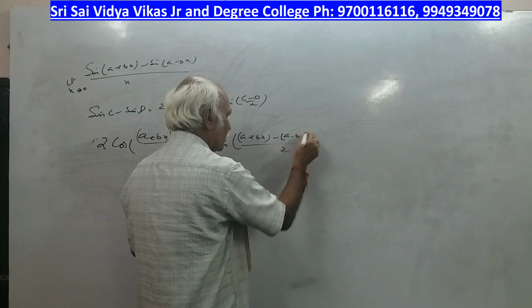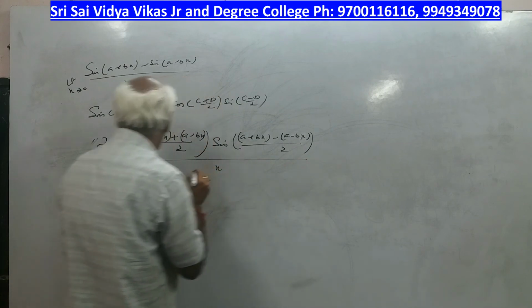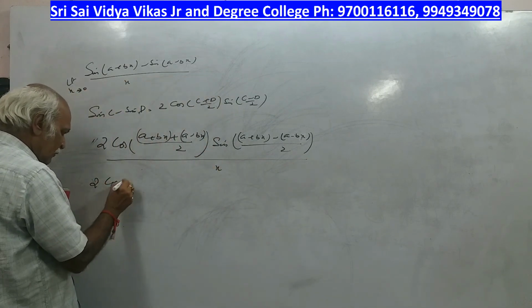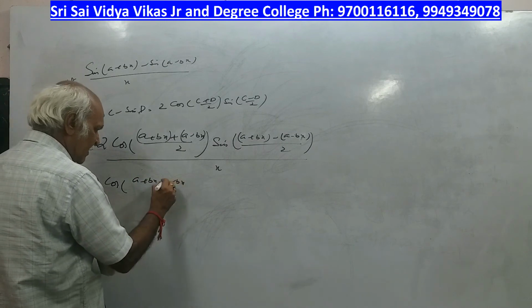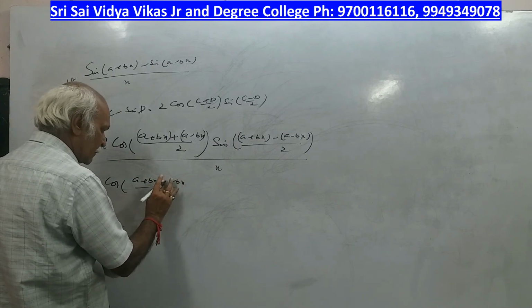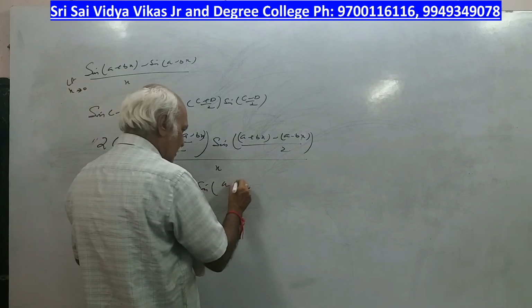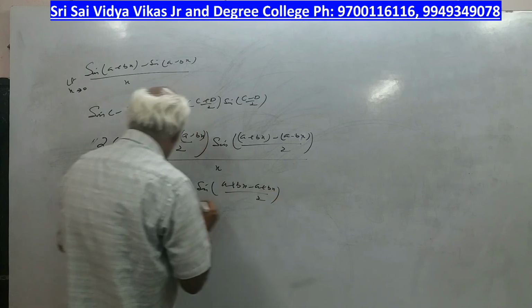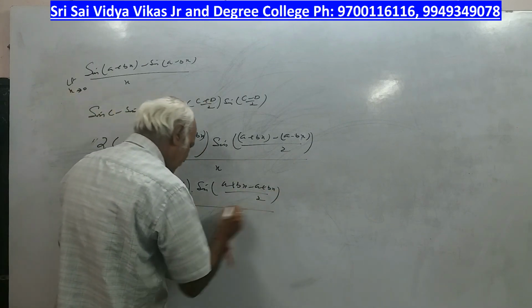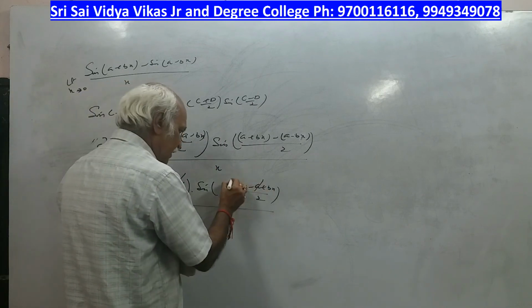So this becomes 2 cos of a plus bx plus a minus bx by 2, into sin of a plus bx minus a minus bx by 2, by x. So bx will get cancelled, a will get cancelled.